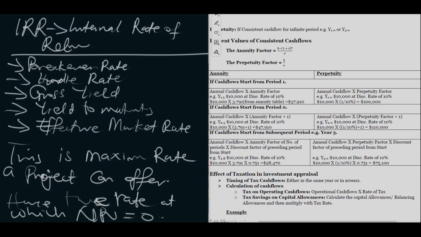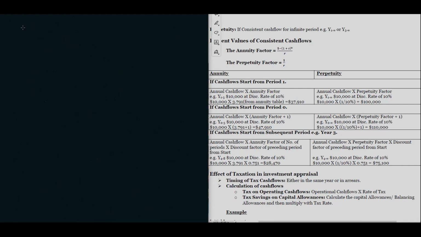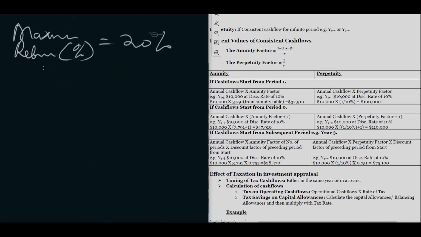So why do I say this is the maximum return a project can offer? Let's take an illustration. So let's say that in a particular project, the maximum return which the project can give is 20%, not so, but shareholders want 10%. Is this project worthwhile?